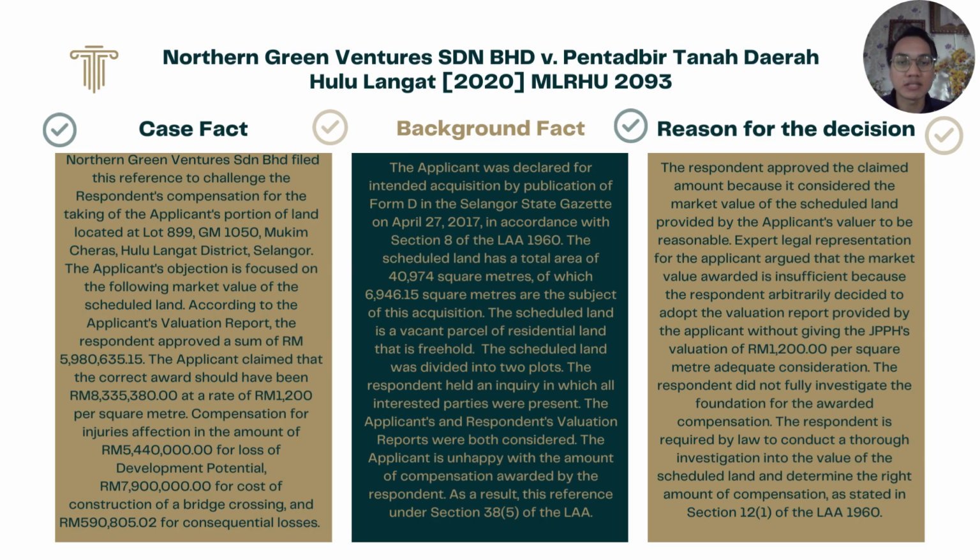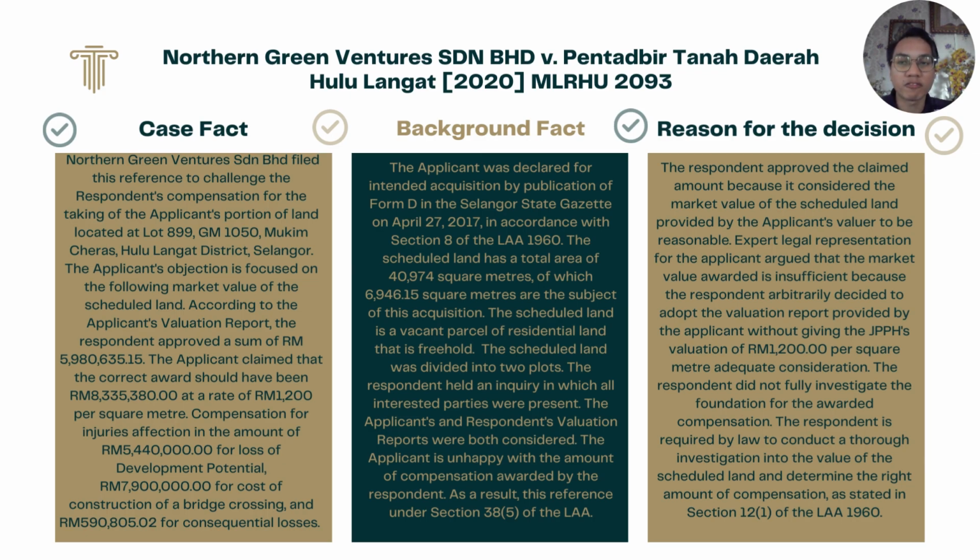Compensation for injurious affection in the amount of RM5,440,000 for loss of development potential, RM7,900,000 for cost of construction of a bridge crossing, and RM519,805 for construction losses. The reasons found in this judgment will be confined to the decision on the above claim.